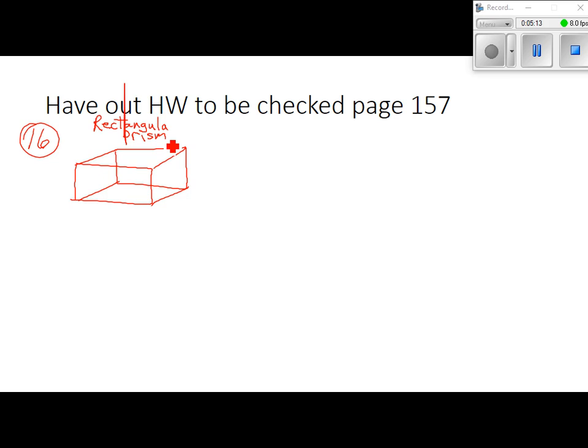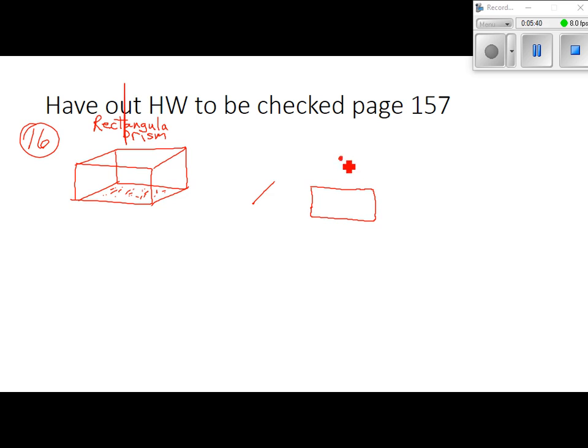It doesn't really matter with a prism which one it is, but we'll just consider that one there, the base. And if I draw this, I don't know if I can draw this very well or not. We'll see. Okay. This is supposed to be the same size as that base.